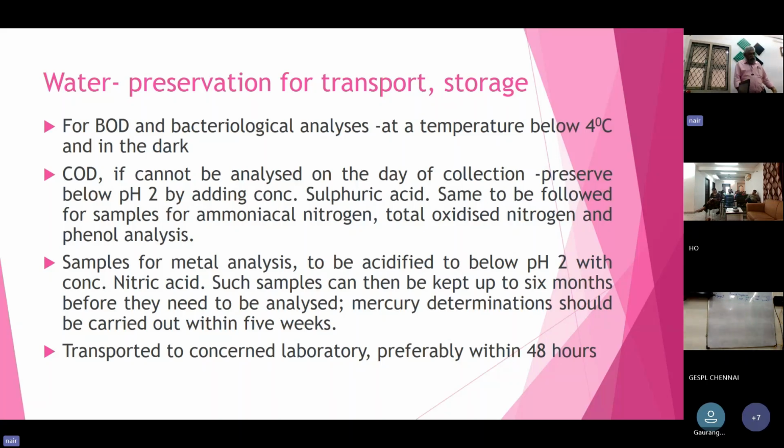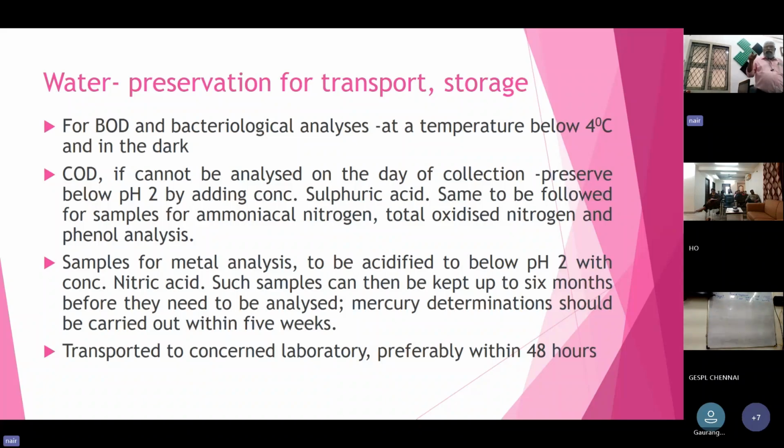Then there is another one, where pH is also below 2, but it is preserved using concentrated nitric acid. So I have told that for COD, ammonium nitrate, TKN and phenol analysis, you have to make it below pH 2 using concentrated sulfuric acid. But in the case of metal analysis, the samples are to be brought below pH 2 with concentrated nitric acid.